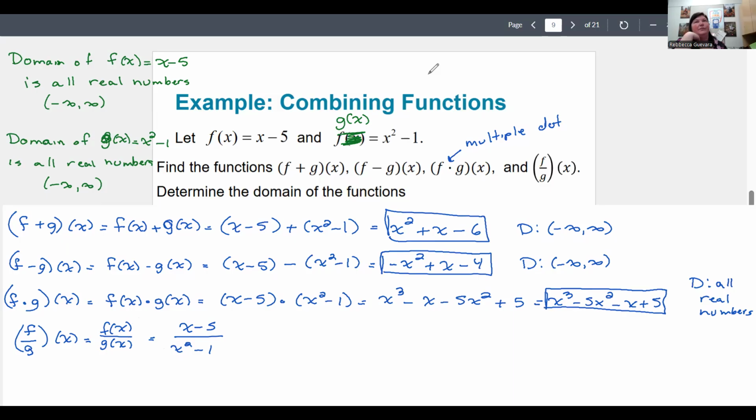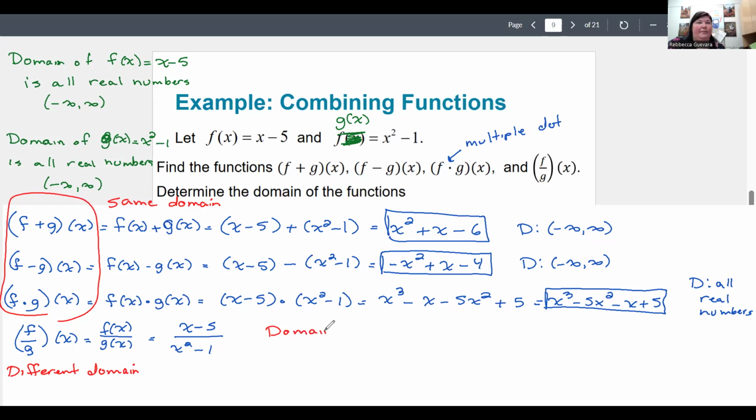So the first three should all have the same domain. If you have the domain of one, you'll have it for the other ones. It's this one that's going to be a different domain. And it's not always a different domain, sometimes it is. So this is the one you always have to look out for, because we know that if we wanted to find the domain, we would have to take that denominator, that x squared minus 1, and figure out when it's equal to 0, which we're going to see very quickly happens when x is either negative 1 or 1.